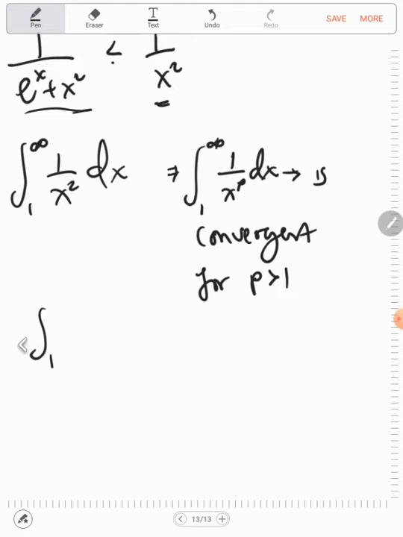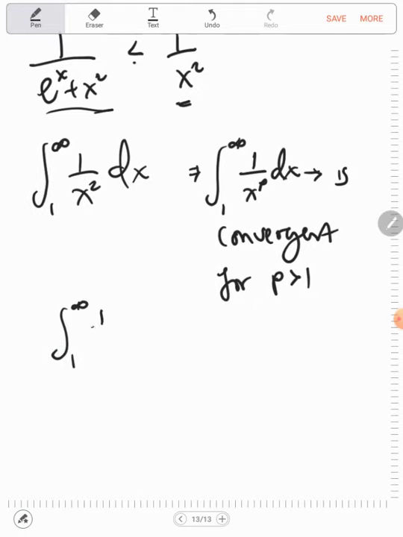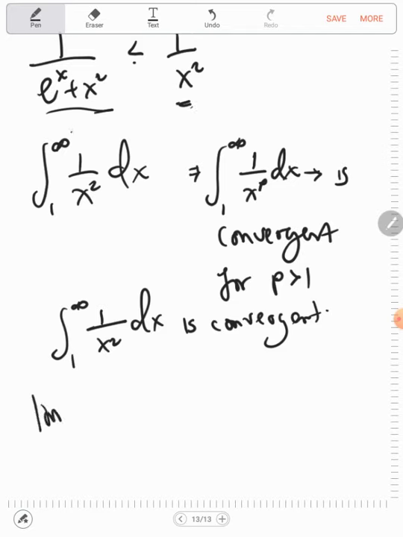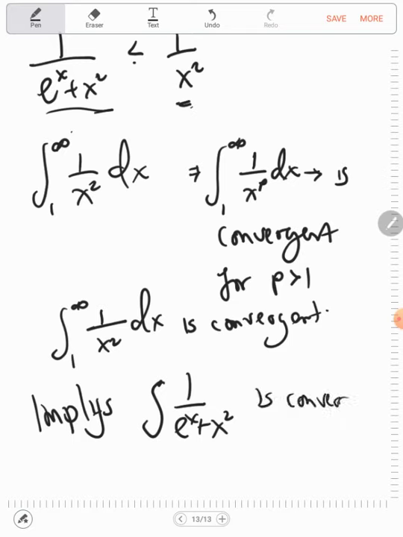So yes, concluding that it's convergent. Now since our function is convergent, we conclude that even the question, so this implies the integral of 1 over e^x plus x squared is convergent by the comparison test.